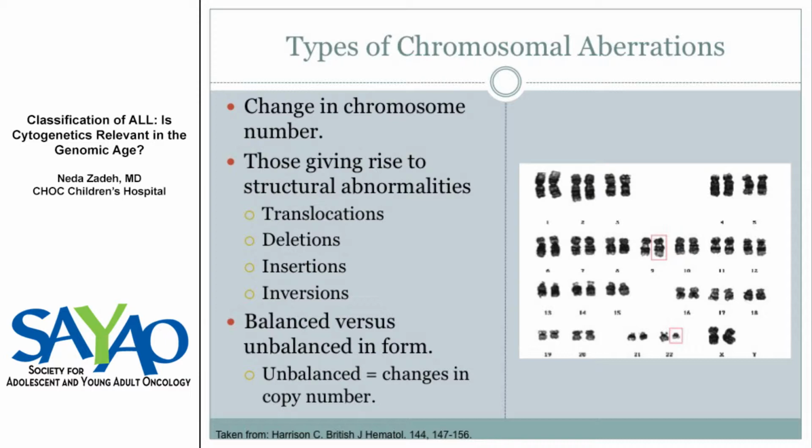This picture is actually showing a karyotype from the bone marrow of a female patient with ALL, and you can see the difference in how the chromosomes look compared to the slide I showed you before. The individual chromosome pairs are identified when we're karyotyping by the unique G banding patterns. The highlighted chromosomes here, which you can't really see on the screen, are the derivative chromosomes 9 and 22 from the balanced 9;22 translocation, which we can see.